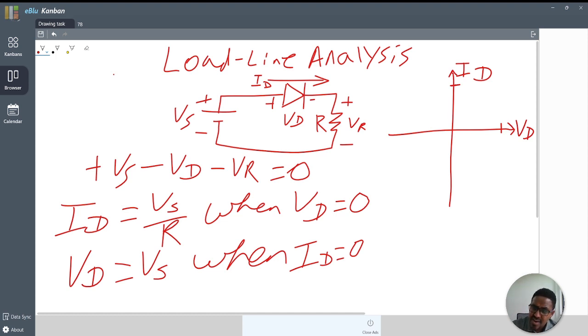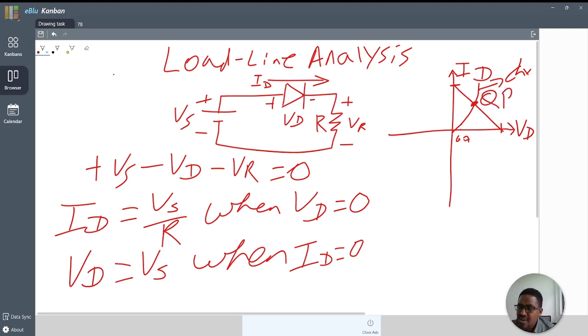Then, as you know, the characteristic of the diode has a knee voltage of 0.7. Then plot the maximum current and the maximum voltage. When you connect them with a straight line, combined with the characteristics of the diode, that is the load line. This point we call the Q point.